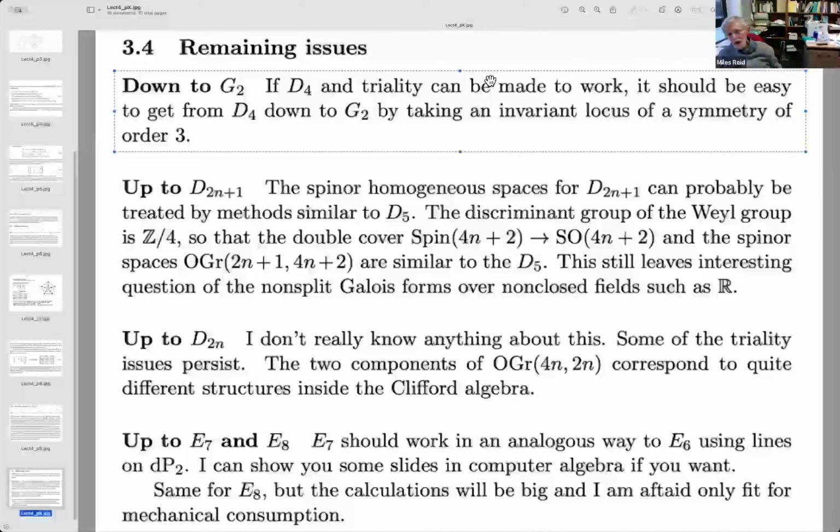So I want to construct G2 together with subgroups in it that generate it from the root system.